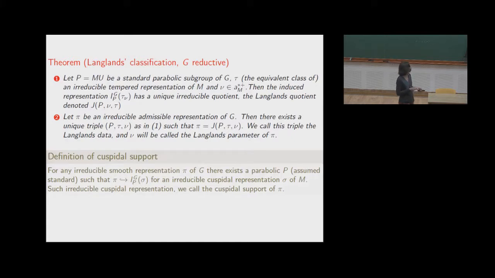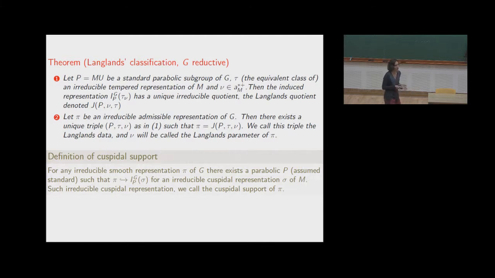One further result in this theory is the Langlands classification, which is one of the main classification results. So assume you have a standard parabolic subgroup of a reductive group G, and you fix some equivalence class of tempered representations of the Levi M, and some parameter which is in the vector space, but more particularly in a positive Weyl chamber.